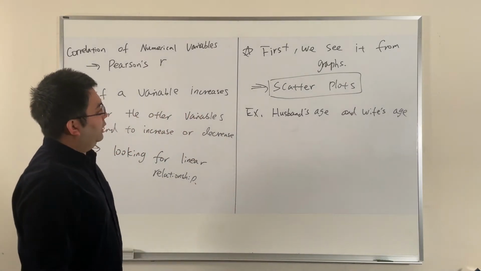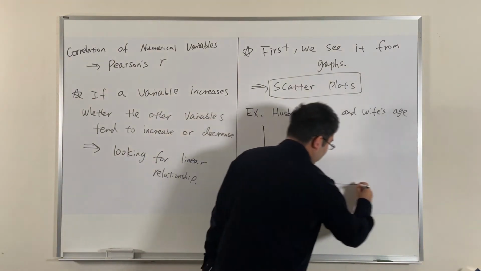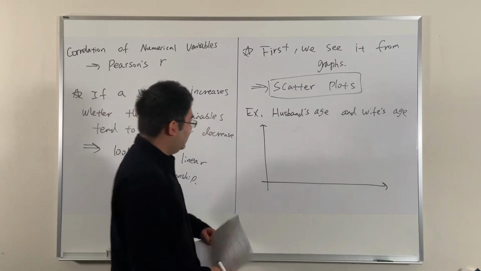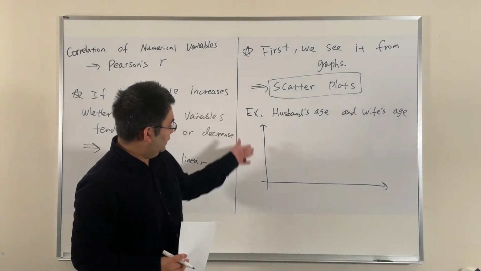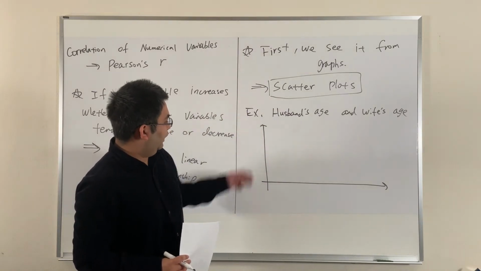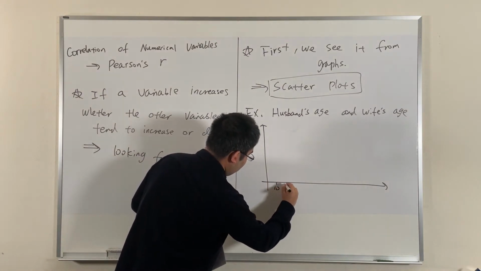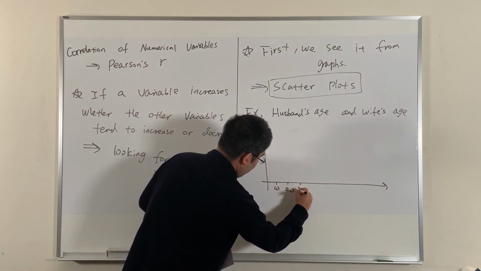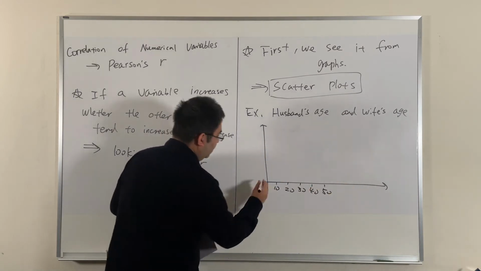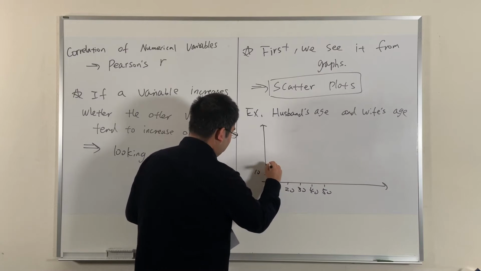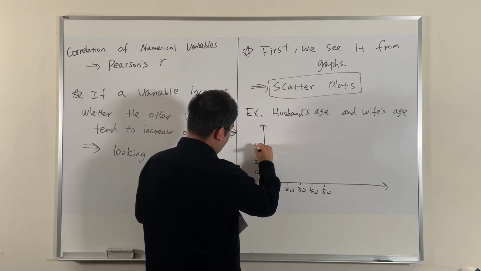So let's do a scatter plot to show you. The x-axis is the values for one variable, and the y-axis is the values for another variable. So we do the scaling first: 10, 20, 30, 40, 50. It keeps going, and then 10, 20, 30, 40, 50.